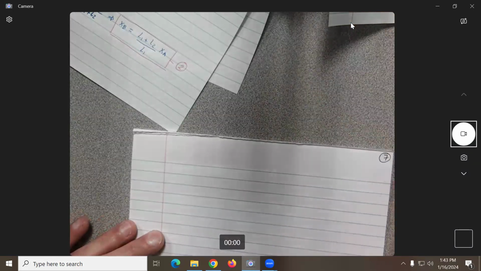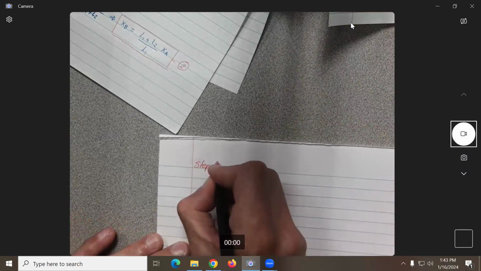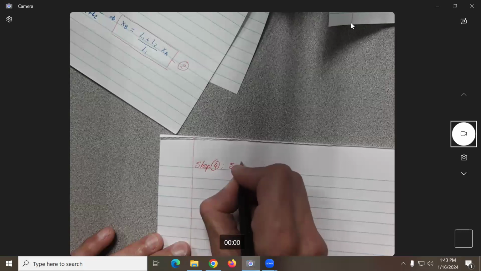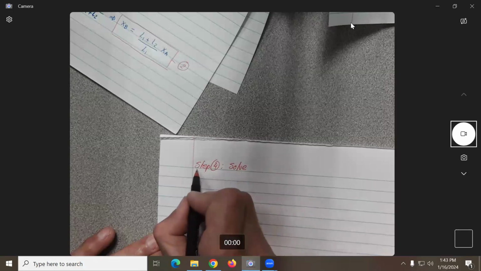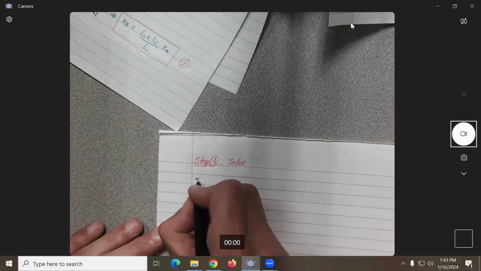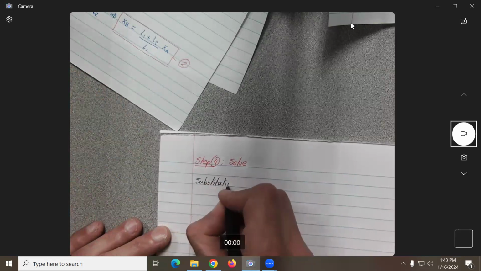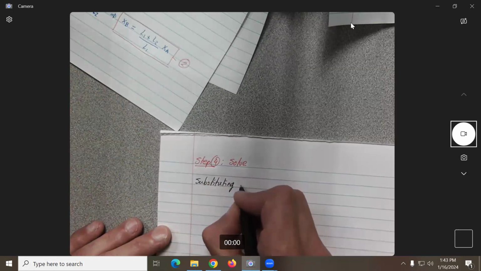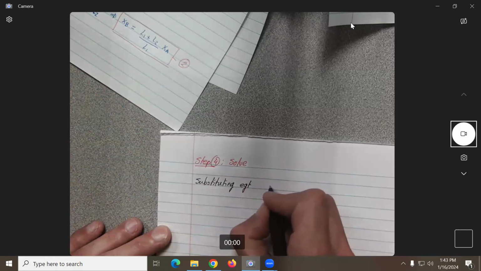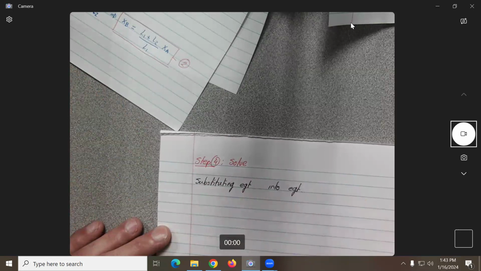Okay, so as before, step 4 would be solve. So how do we solve? Substituting equation 2 into equation 1.